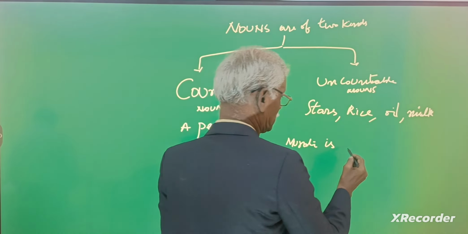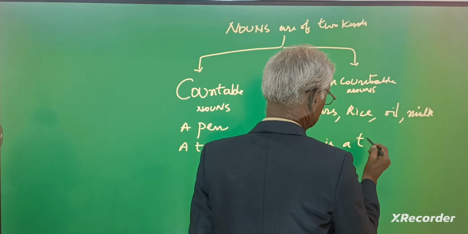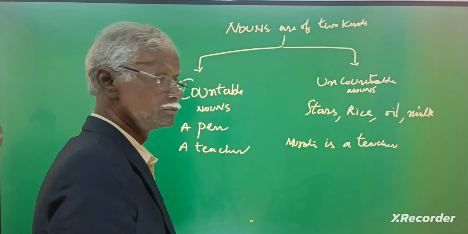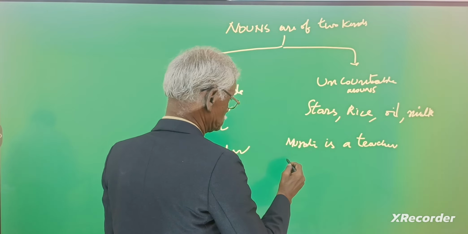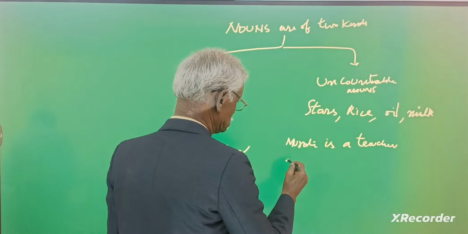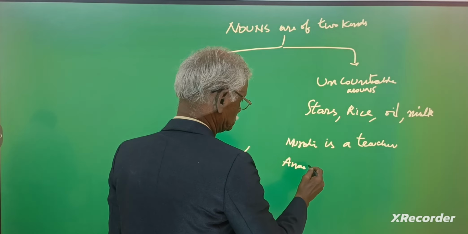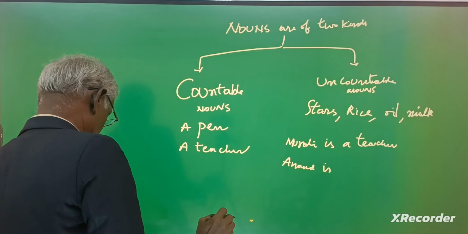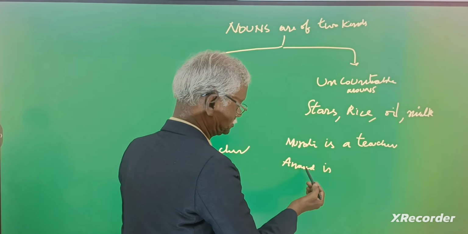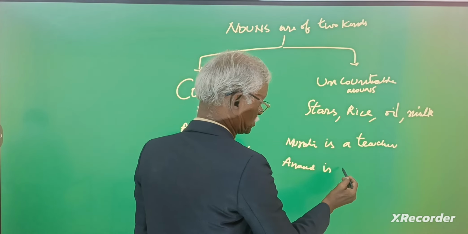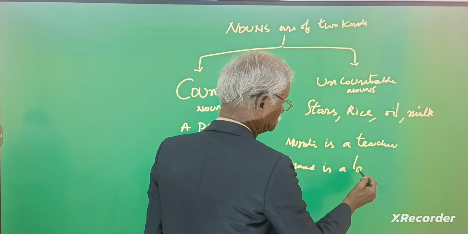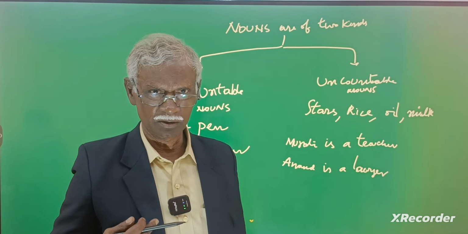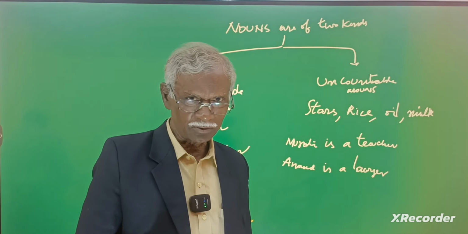Complements: Morally is a teacher. Anand. Before noun complements, Anand is a lawyer, because I wore this dress, this black coat. Am I not looking like a lawyer?